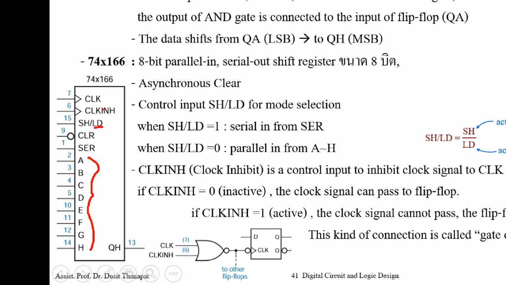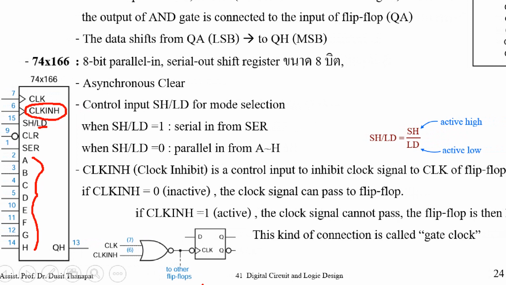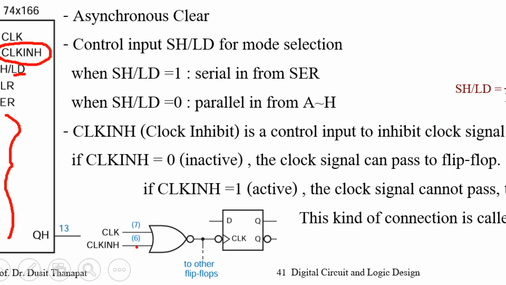Now for this one, there is this clock inhibit. What is it? Clock inhibit operates something like this. If this clock inhibit is 0, this is the clock: high, low, or 1, 0, 1, 0. 0 or 1 is 1, right? 0 or 0 is 0.